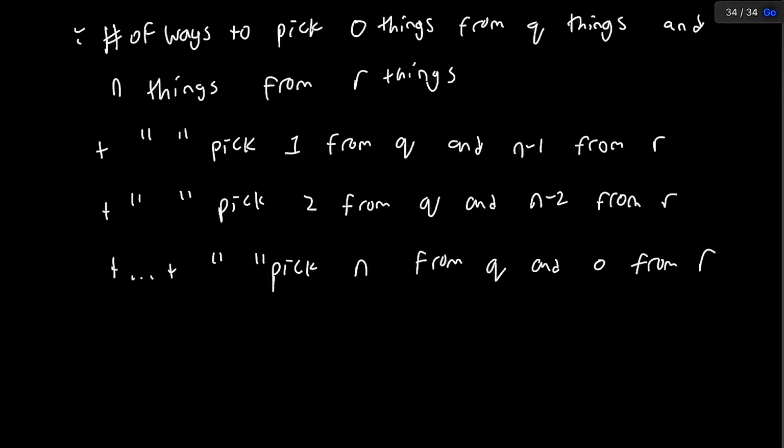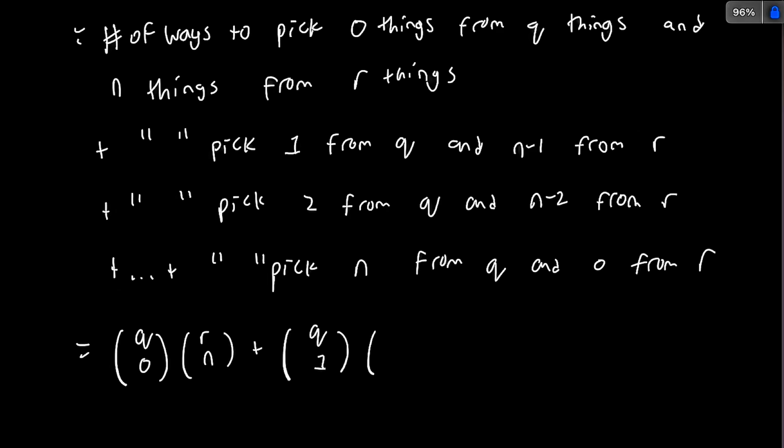But now what is this? In how many ways can you pick 0 things from q things and n things from r things? That's just, well, I'll just phrase this as q choose 0, r choose n. Our next term, well, we pick 1 from q and we pick n minus 1 from r, right?